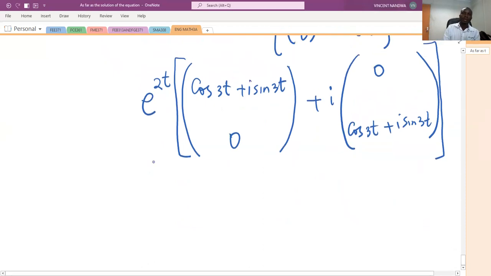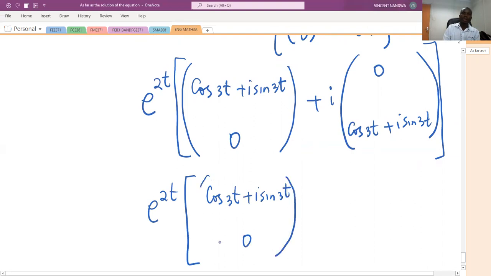And then if I add these two vectors, I'll have e raised power 2t into, now this will be cos of 3t plus i sin 3t, 0. Let me multiply i by every element in this vector. So i times 0 is 0. i times cos 3t is i cos 3t. i times i is minus 1. So I write that term first.